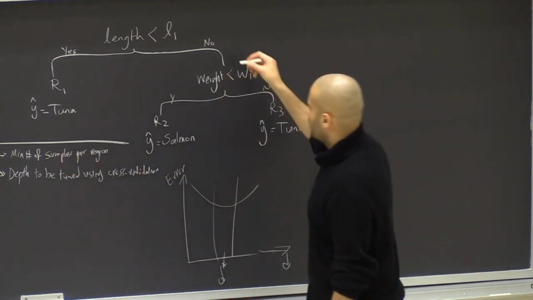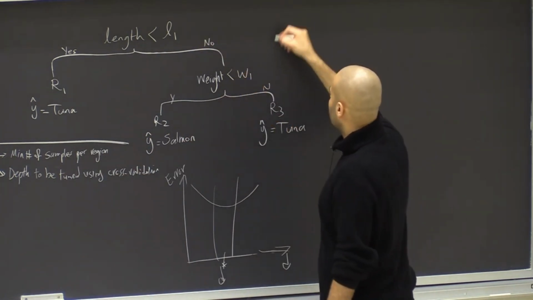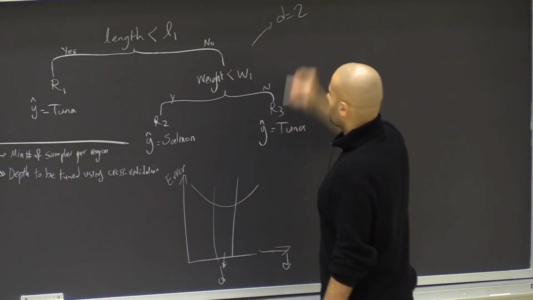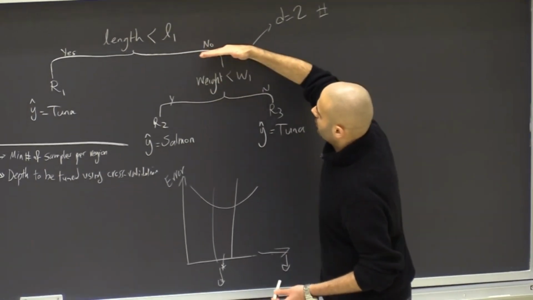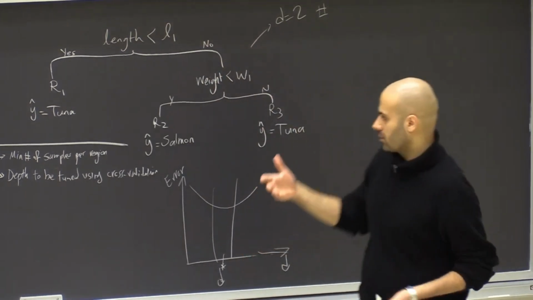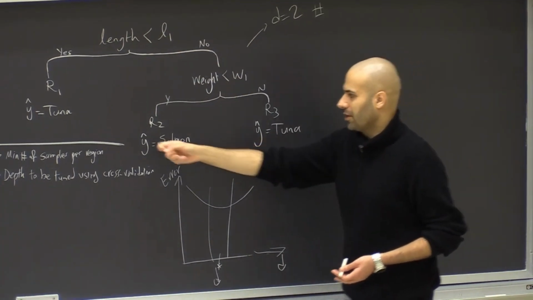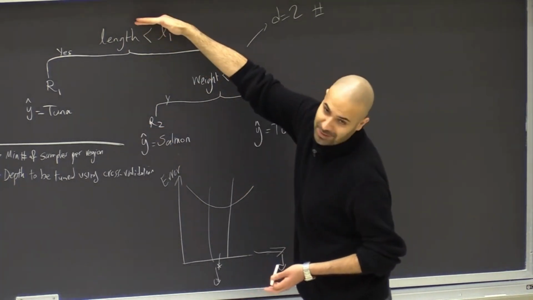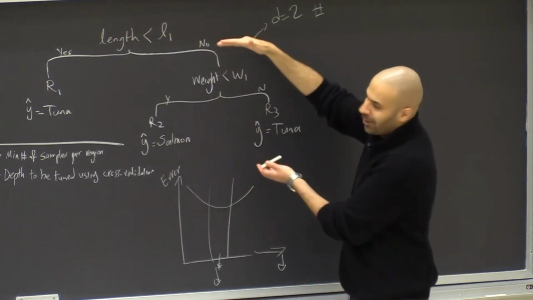Depth of the tree is the number of splits. So for this tree, the number of splits is 2, or the depth of the tree is 2. The way we can think of it is that this is one level, and this is a second level. In computer science, trees are upside down. So this is the root of the tree, and this is, strangely, the leaves of the tree. From the ground to the leaves, that's the height of the tree, but as the trees are upside down, we call it the depth of the tree.